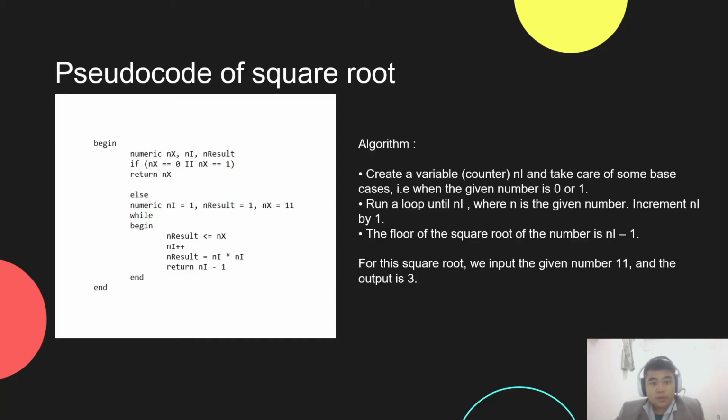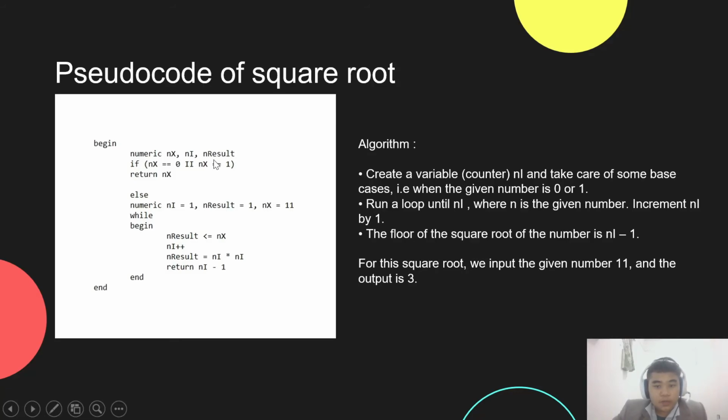So the code of square root. The algorithm, so you can look again. Create a variable counter i and take care of some base cases, namely when the given number is 0 or 1. Run a loop until i times i is less than or equal to n, where n is the given number, incrementing i by 1.